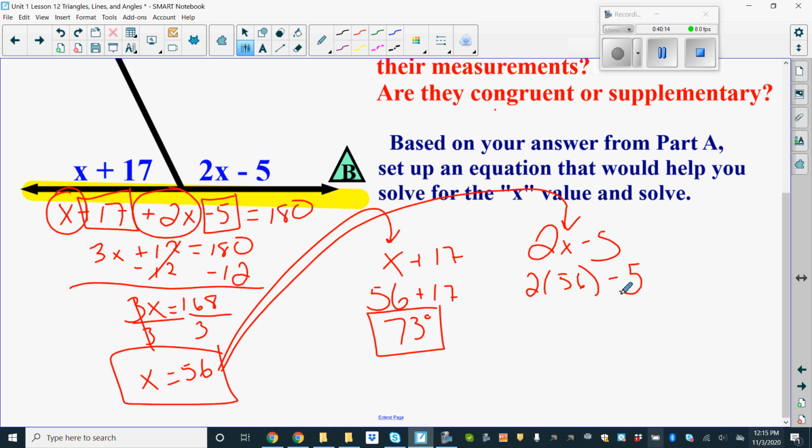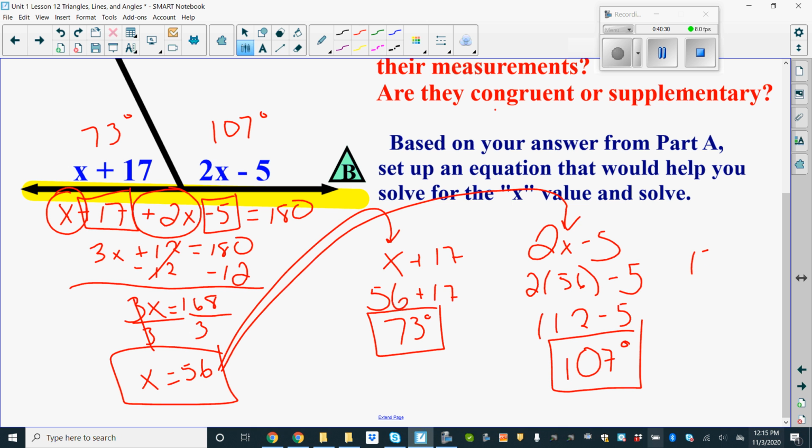We have 112 minus 5 is equal to 107. So this is 73. This is 107. And we could check our work by seeing if they add up to 180 degrees. Which they do. So that's correct.